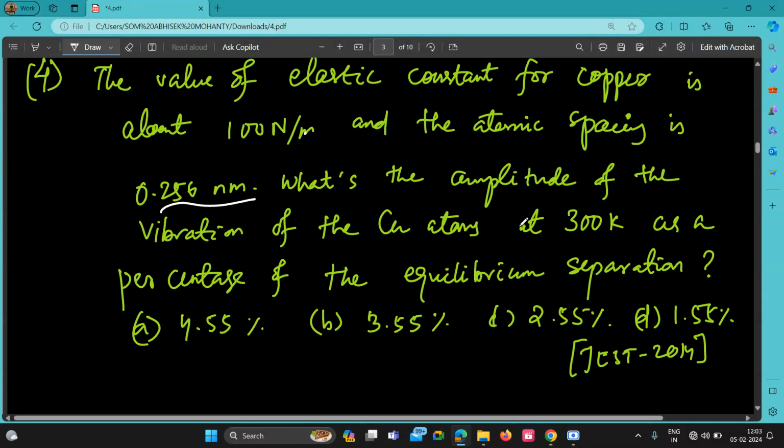Okay, so this one is your beta. This one is your A, atomic spacing A. Temperature T is given.